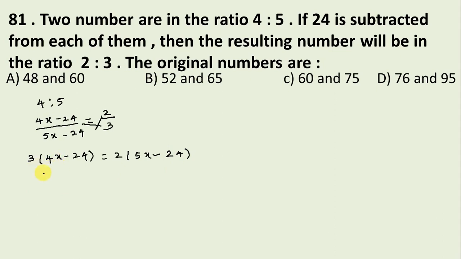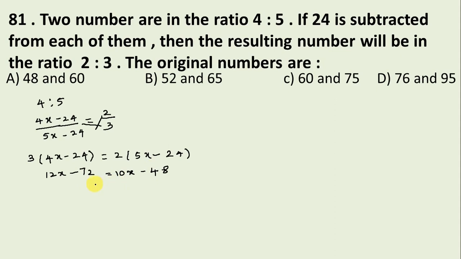Open the brackets. 3 4s are 12x, 3 into 24 is 72, 2 5s are 10x, and 2 times 24 is 48.